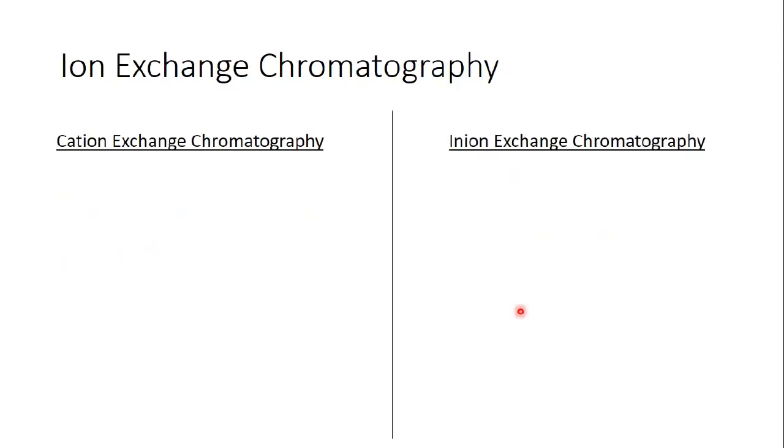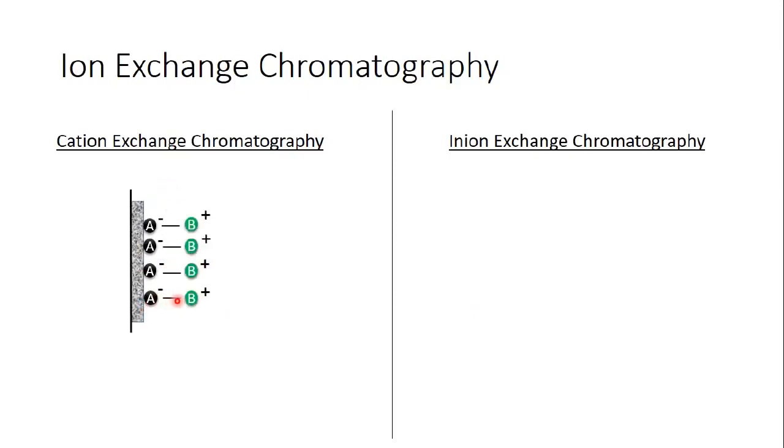Now, in order to speak more about ion exchange chromatography, you should know that there are two types: cation exchange chromatography and anion exchange chromatography. In cation exchange chromatography, the substance which is covalently bound to the resin, which is substance A, is negatively charged.